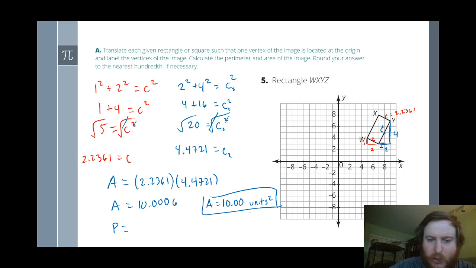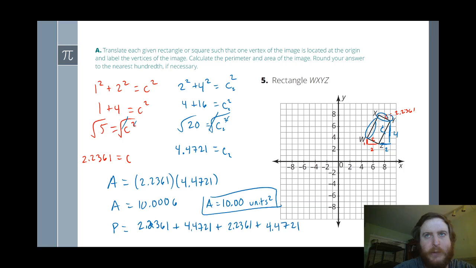When you have zeros after the fact, you do want to put 10.00. Okay, then for our perimeter, we're just going to add up all our sides. So the first side was 2.2361. Then our next side is 4.4721. Then this next side is again repeated 2.2361 because it's a rectangle. Rectangles, the opposite sides are always equal. And that side is a repeat of the 4.4721.